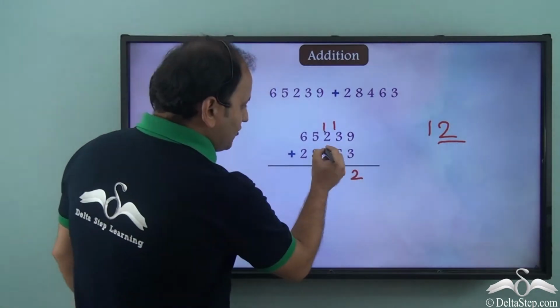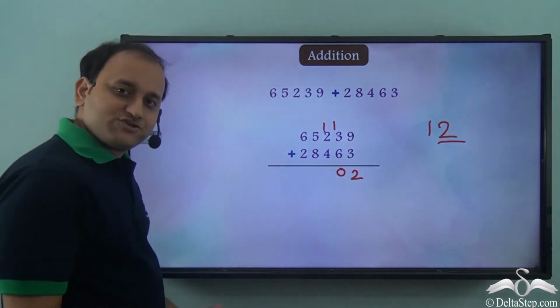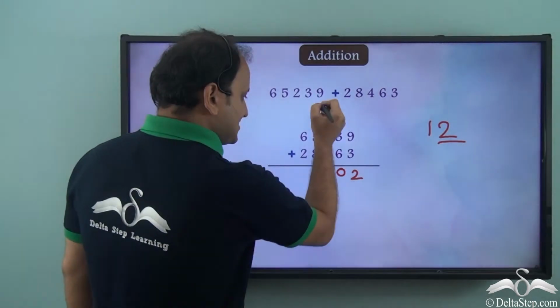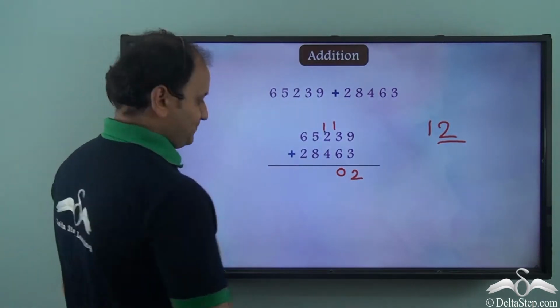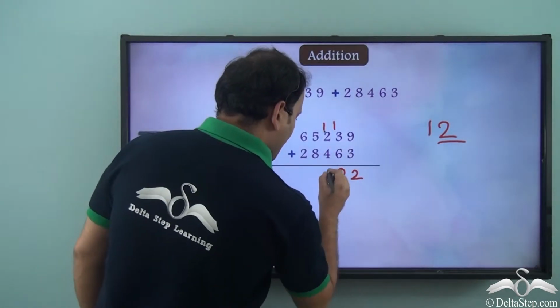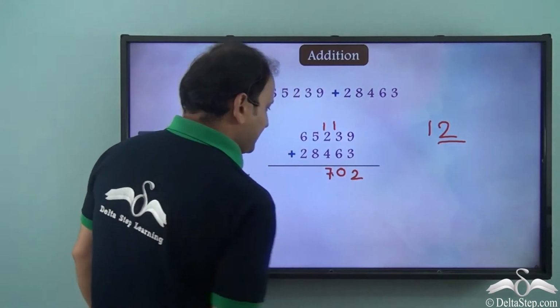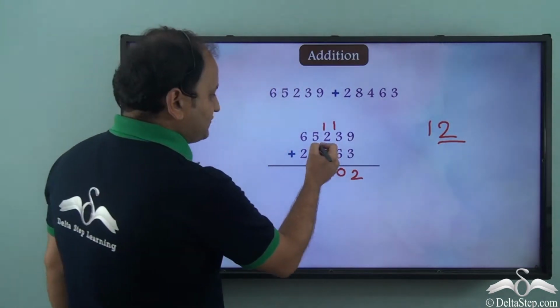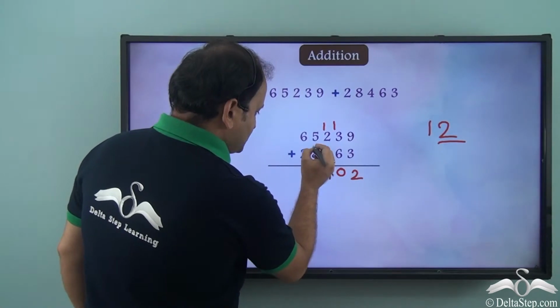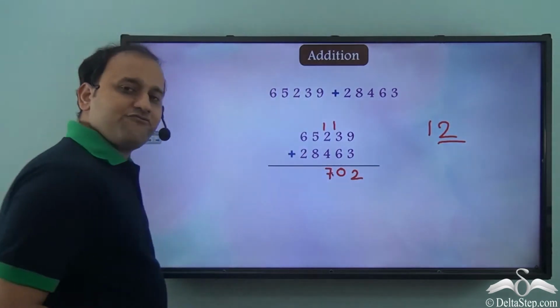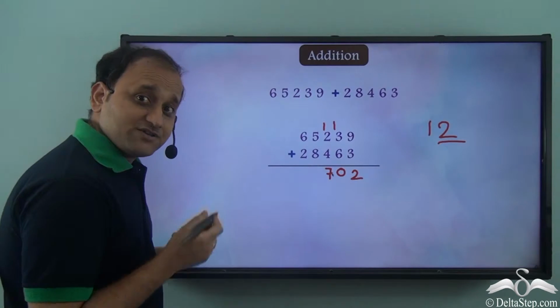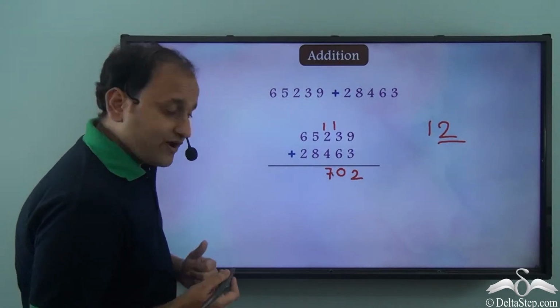Now we have 4 plus 2. 4 plus 2 is 6. 6 plus 1 will be 7. This is a 1-digit number, so there is no complication. We'll write 7. Now next we move here. So 8 plus 5. Now 8 plus 5 is 13, right?